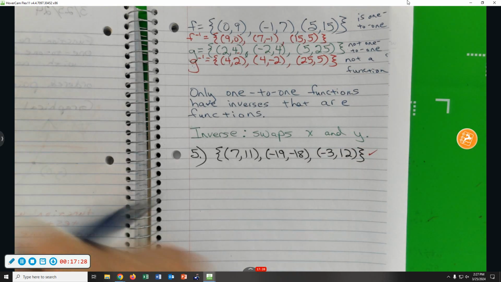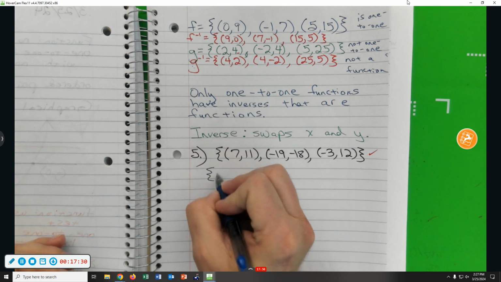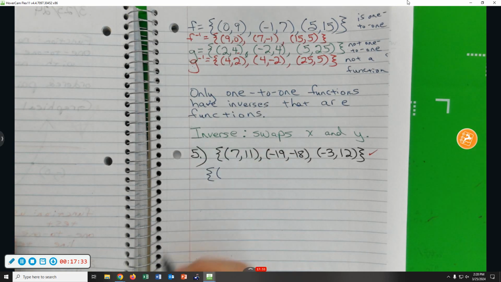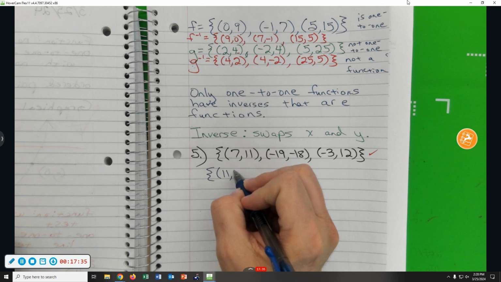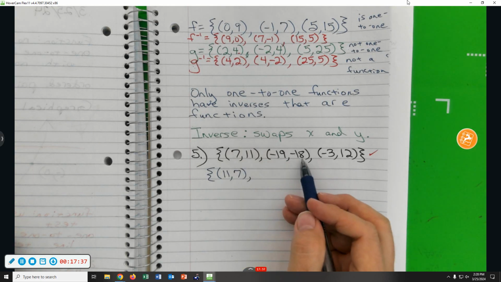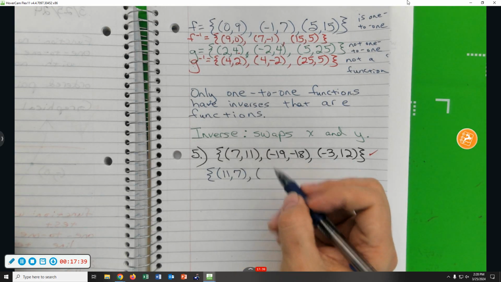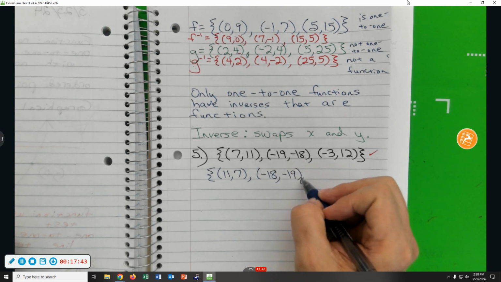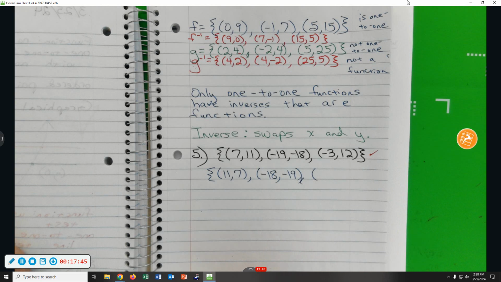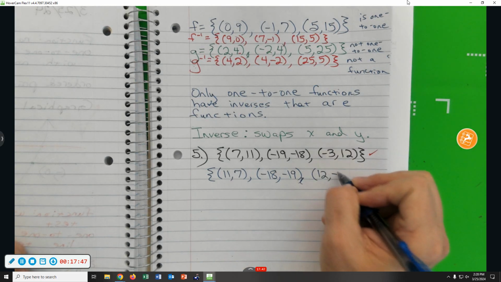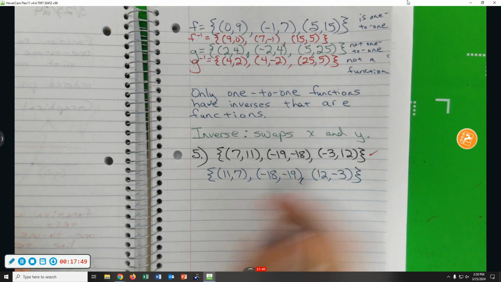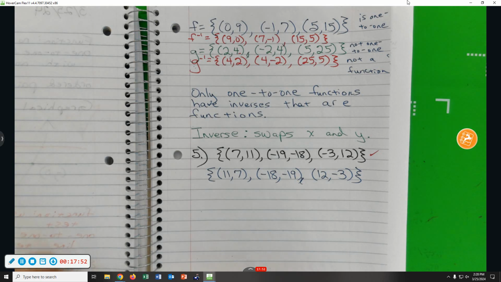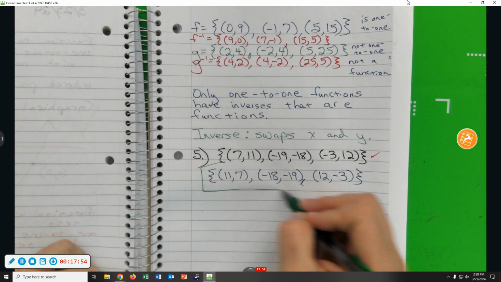Now we're going to find the inverse. 7, 11 becomes what ordered pair? 11, 7. Negative 19, negative 18 becomes, and the last ordered pair. So here's what we're looking for.